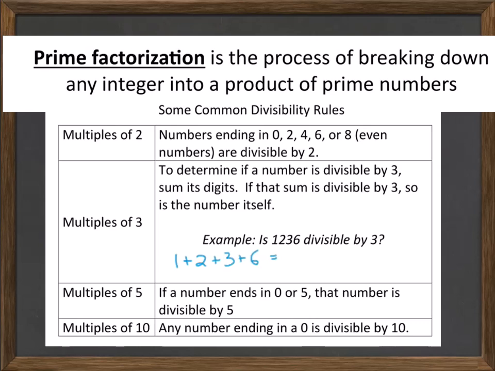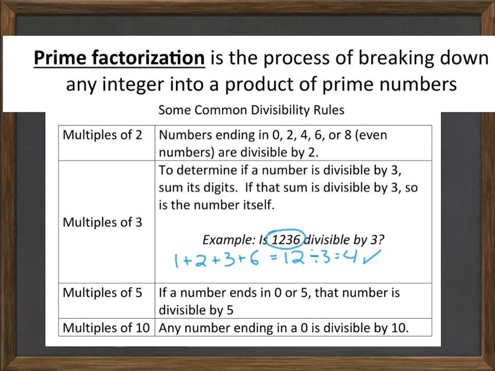When we do that, we get 12. Is 12 divisible by 3? It is. 12 divided by 3 is 4. So that means that this whole number, 1,236, is also divisible by 3. So you can use this little trick to help yourself if you're not sure if a number is or is not divisible by 3.